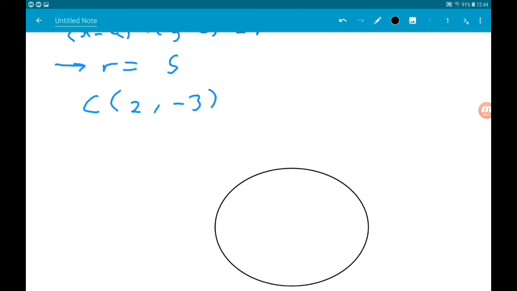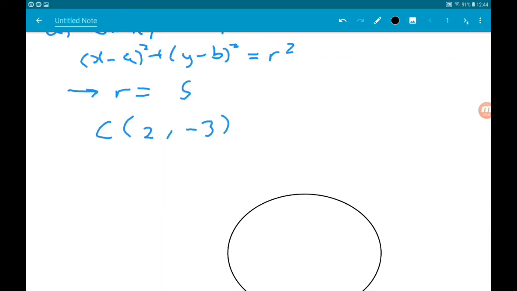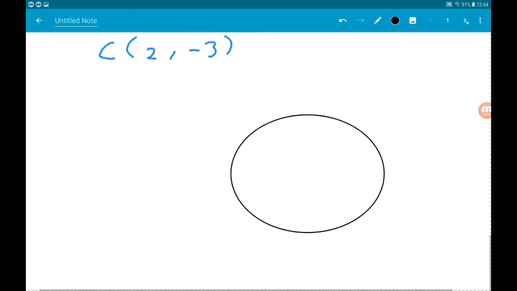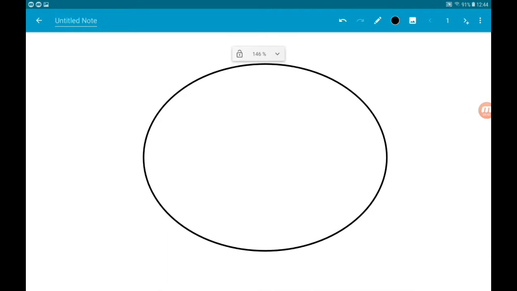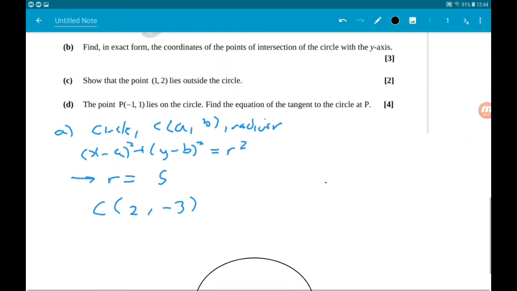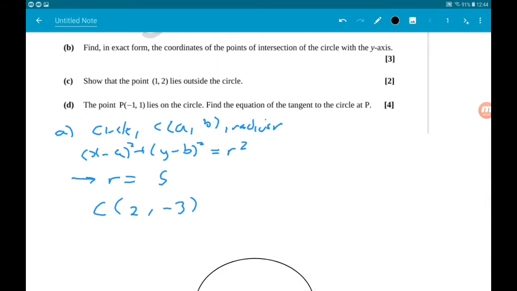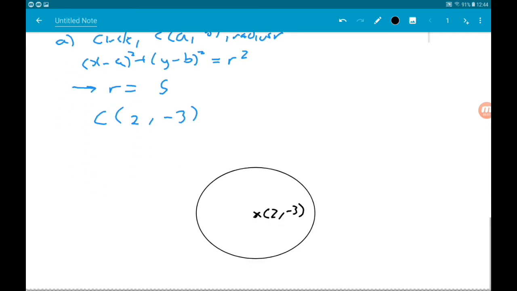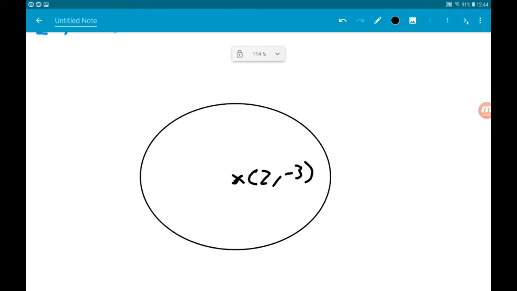Now we know the centre is 2, minus 3. And we know that P is minus 1, 1, so that's to the left and up. So it's going to be about there, maybe.